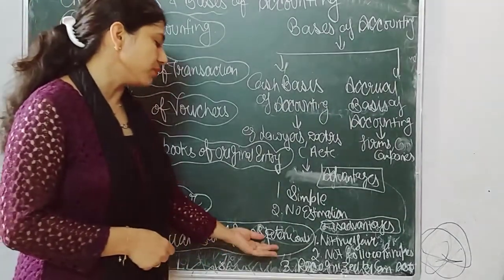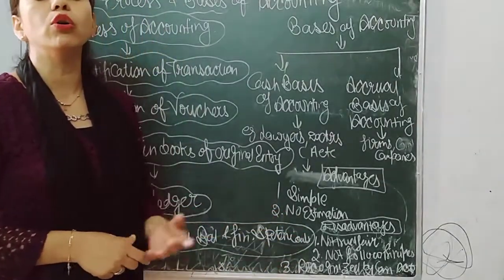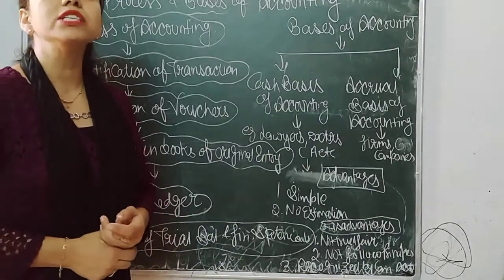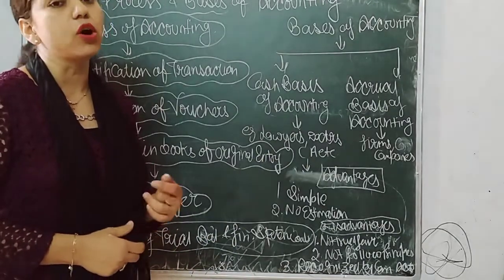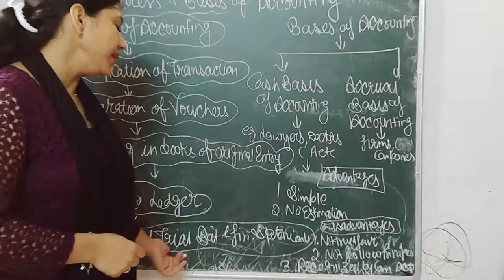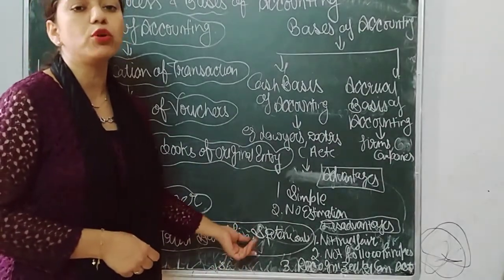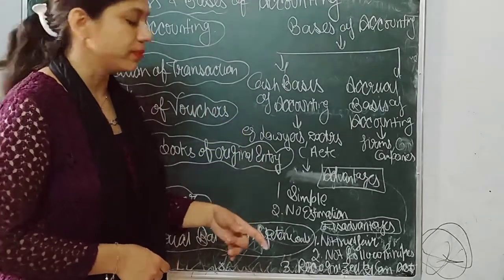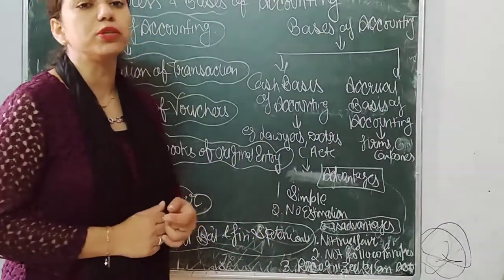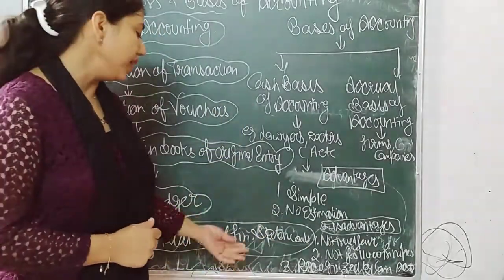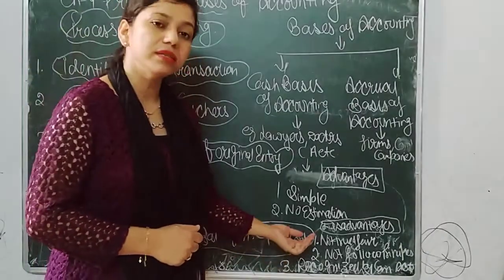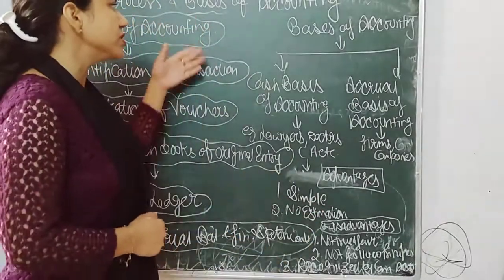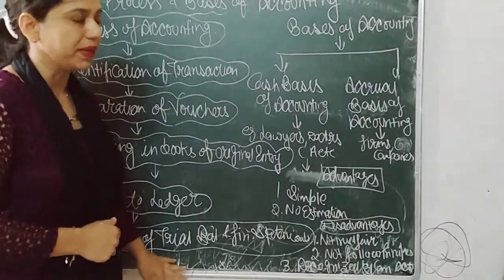The ultimate goal of accountancy is to calculate profit and loss. By preparing the trial balance, we can also prepare trading and profit and loss account and balance sheet, which show the financial position of the business. So they are included in financial statements. Here the process of accounting is completed.